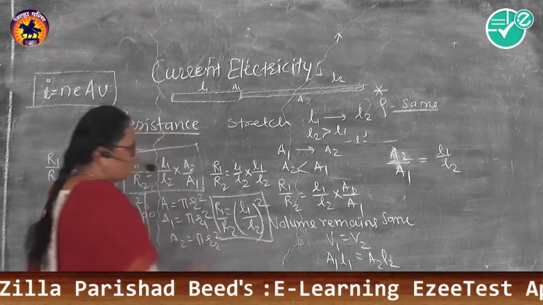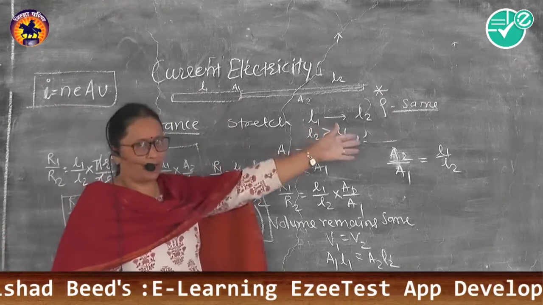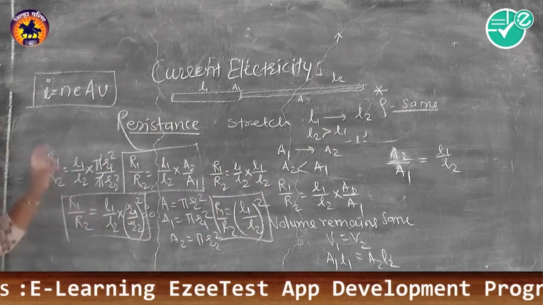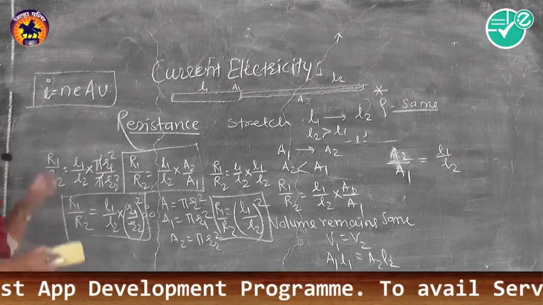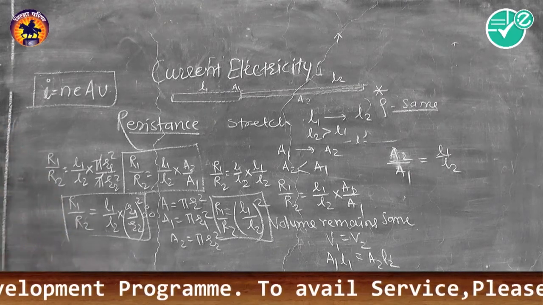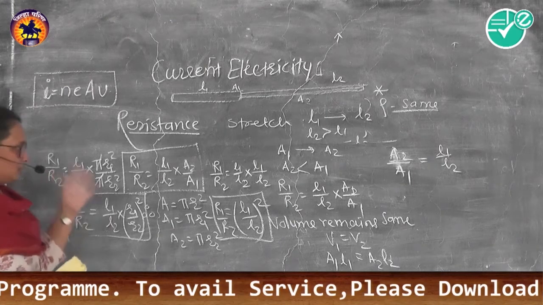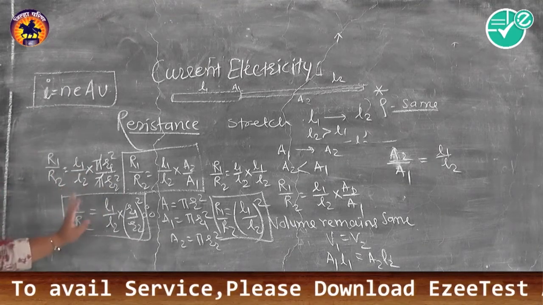So this is the relation when we stretch the wire, and this is the relation when we change the conductor, when we change the dimensions of the same conductor. So this is the difference between the resistances.